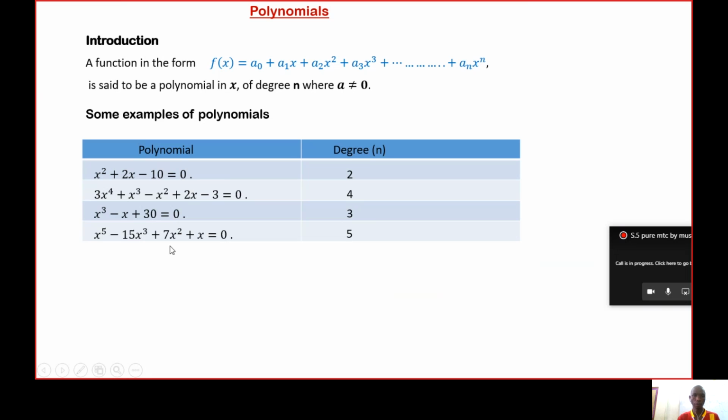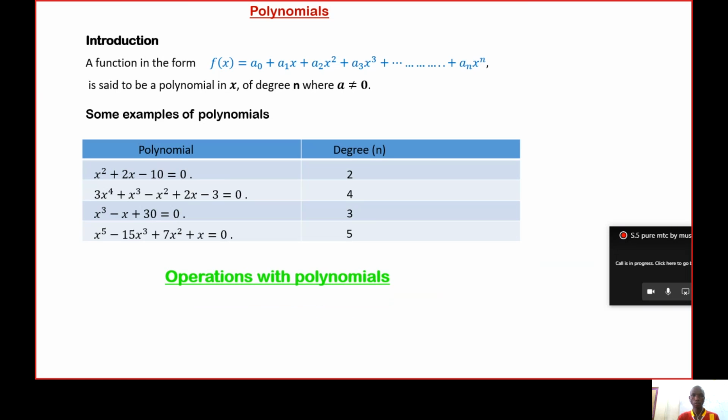Allow me to move away from that. I've tried to show you how to come up with the degree of a polynomial. We simply look at a polynomial and then we look at the highest power of x in that polynomial. It's the one which leads us to the degree of a polynomial.